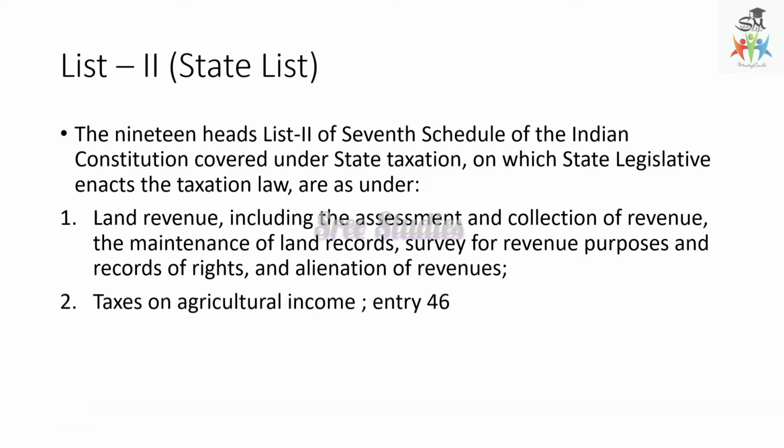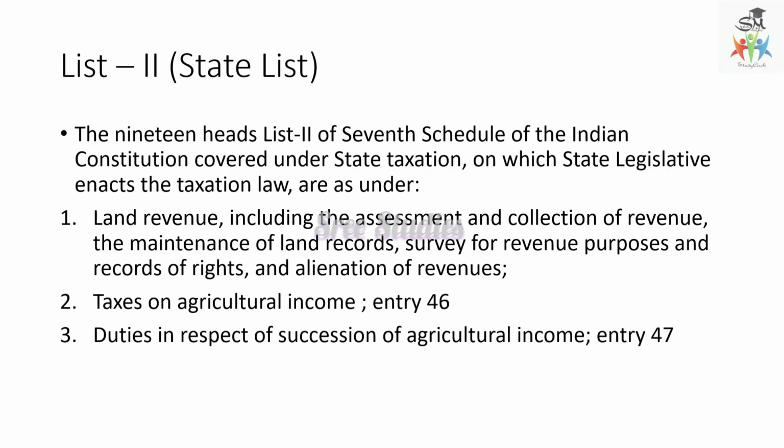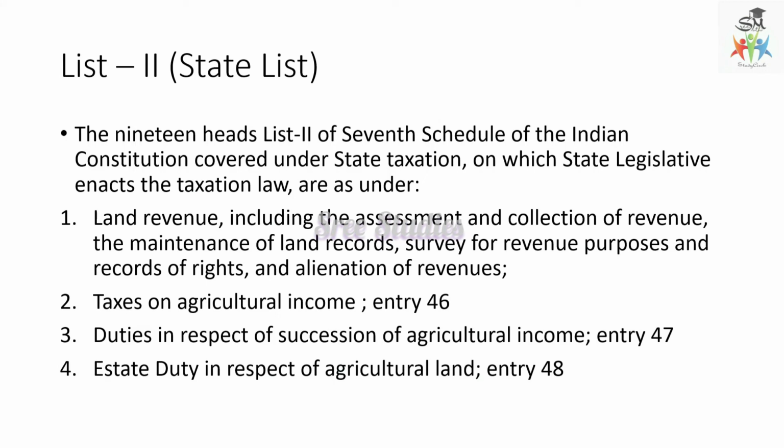And taxes on agricultural income. In List 1 we saw that apart from agricultural income only, the central government can levy, so it belongs to the state, entry 46. And duties in respect of succession to agricultural income, that is entry 47. Estate duty in respect of agricultural land, entry 48.